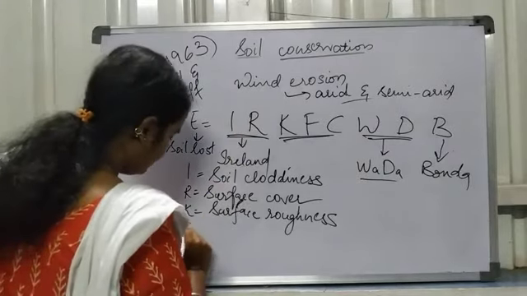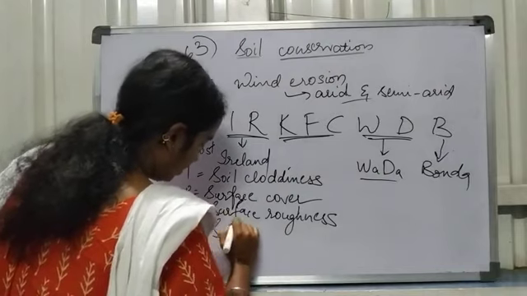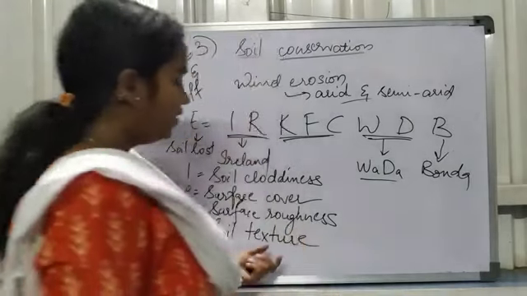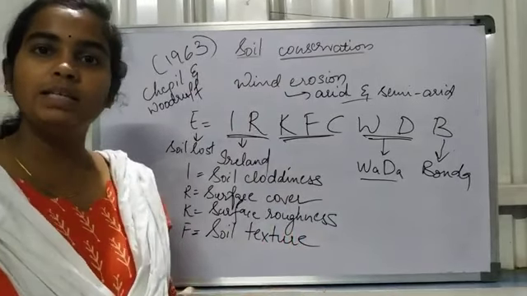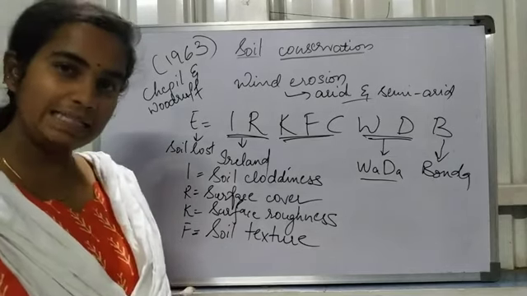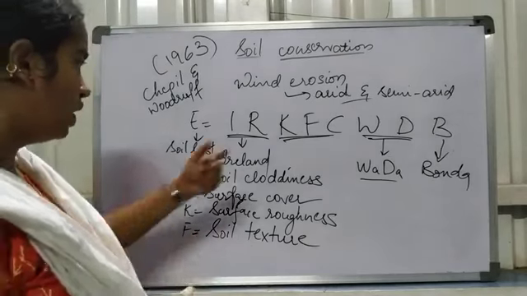And F stands for soil texture. If the texture of the soil is light like sandy or sandy loam, then it is very susceptible to erosion. If it is heavy like clay or clay silt, then it is difficult to erode such a soil.